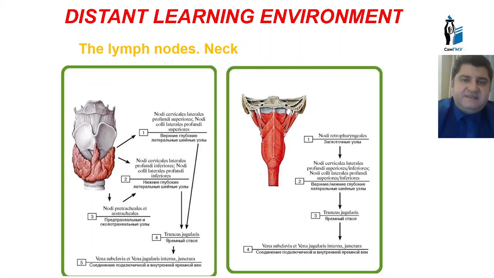You may see that lymph passes to superior cervical profound nodes and lateral nodes, and from them it passes to the jugular trunk, and also to cervical lateral nodes, and to pretracheal and paratracheal nodes. In the right picture you may see that lymph from the pharynx passes to retropharyngeal nodes. Next it passes to cervical lateral profound nodes, superior and inferior, and also to the jugular trunk and to the venous system.